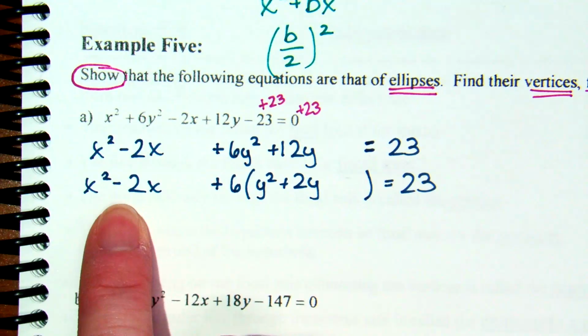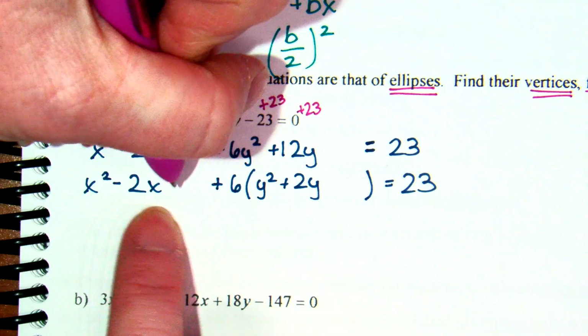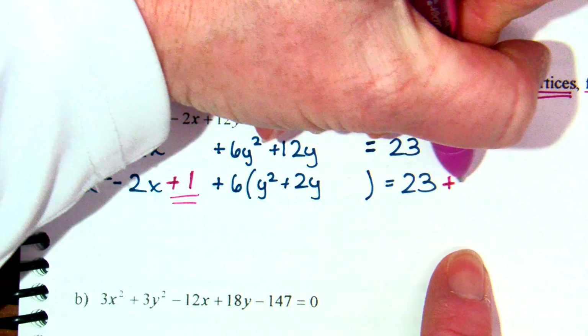Negative 2. Negative 2 divided by 2, negative 1, quantity squared, 1. What do I do with that 1? We add 1 in our gap. If we add 1 on the left side of the equation, we're going to add 1 out past the 23. Okay. Notice I left 2 gaps, right? Was that pretty obvious?